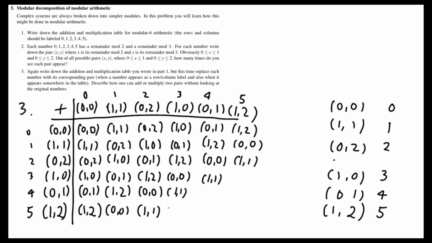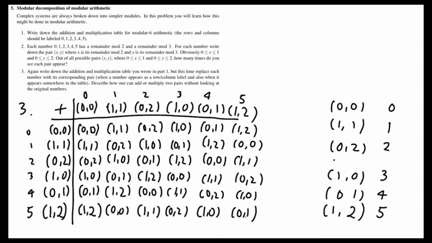Then after that, 3 plus 5 gives you 8, which is 2 mod 6, so that's 0, 2. Four plus 5 gives you 9, which is 3 mod 6, so that's 1, 0. And 5 plus 5 is 10, which is 4, so that's 0, 1.